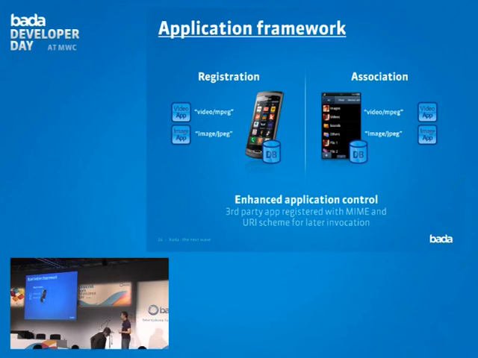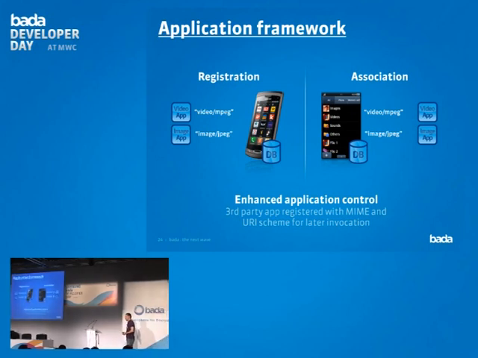So the first thing which you have to do is, when you develop a bada application, you can define these associations. And then the second thing is, when another application wants to use a particular type of content, then the user gets asked which application he wants to invoke in order to consume this type of content.